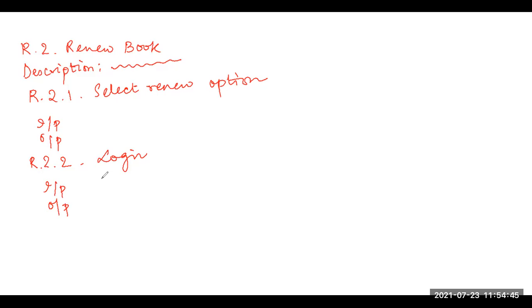So the processing which needs to be done is the password validation.